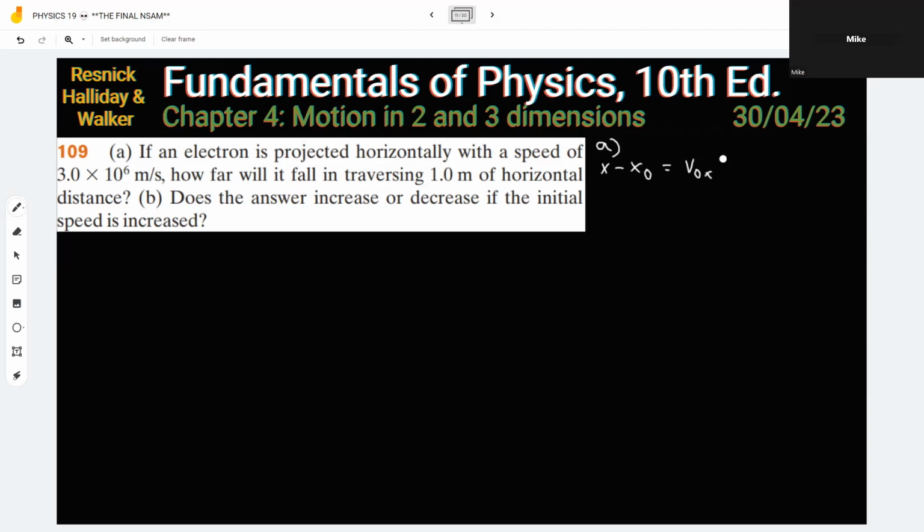So workout muna, isuot muna natin yung general form: V0x t, tapos y minus y naught is v naught yt minus 1/2 gt squared, kasi walang acceleration along x. Kasi g is downwards.